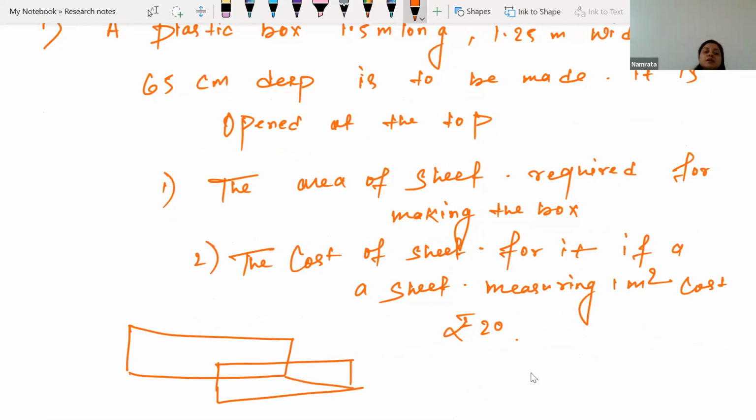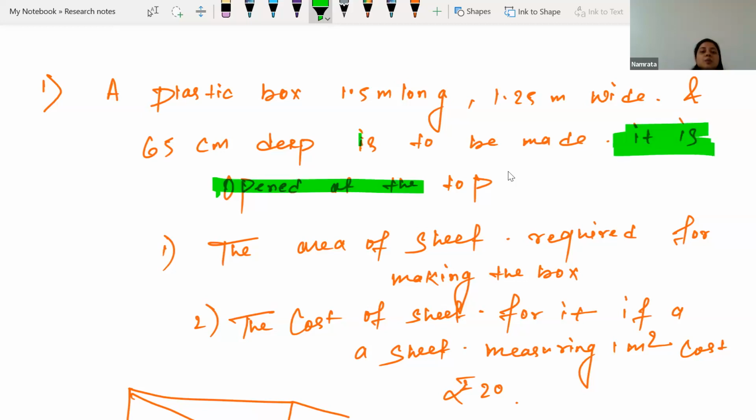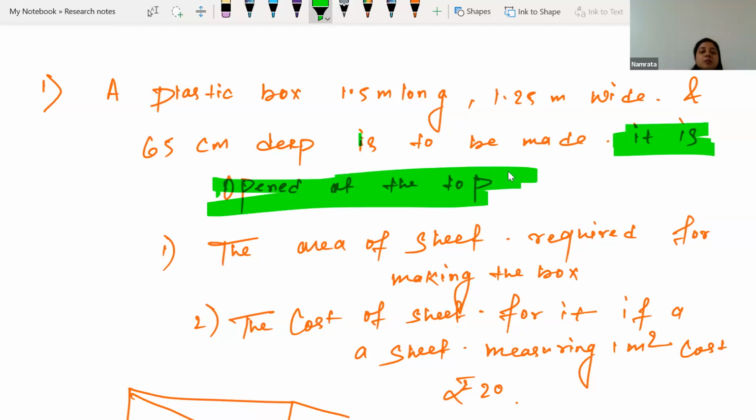What we have to find? We have to find the area of the sheet required for making the box. But if you just find the surface area of this cuboid, you will end up making one mistake. What is the mistake? Here it is written that the box is open at the top.